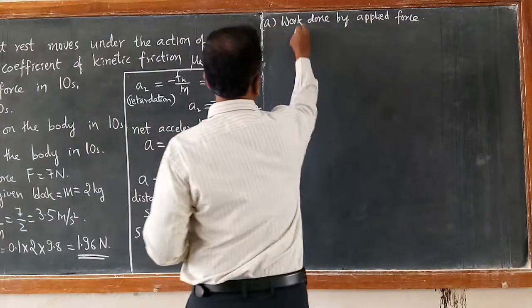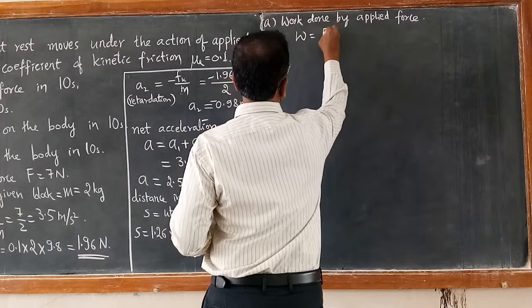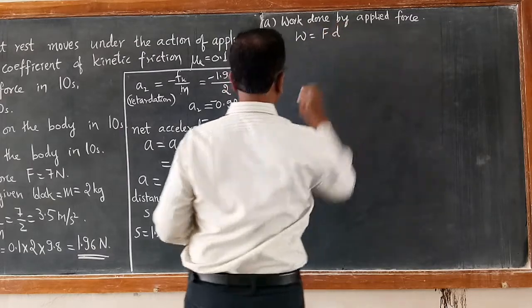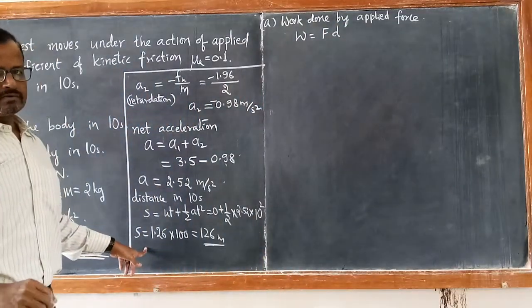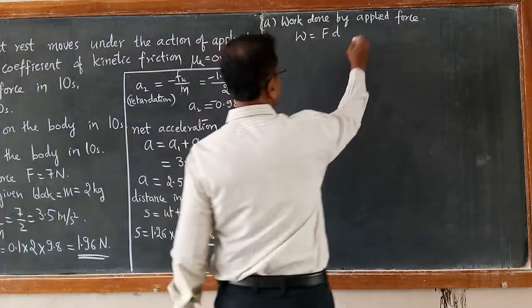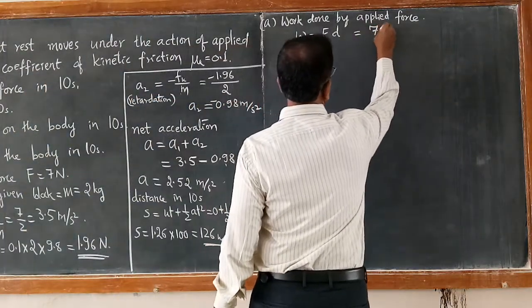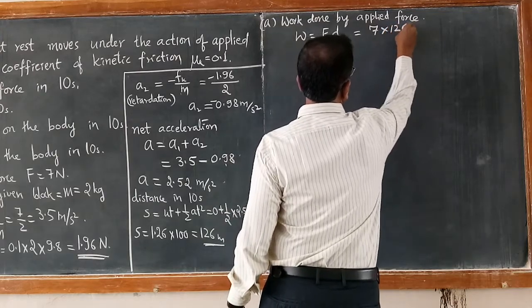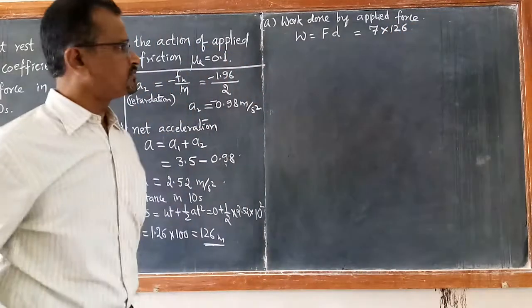W is equal to F into distance D. Distance D that we have calculated as 126 meter. So F is how much? 7. 7 into 126. This gives us work done by applied force.